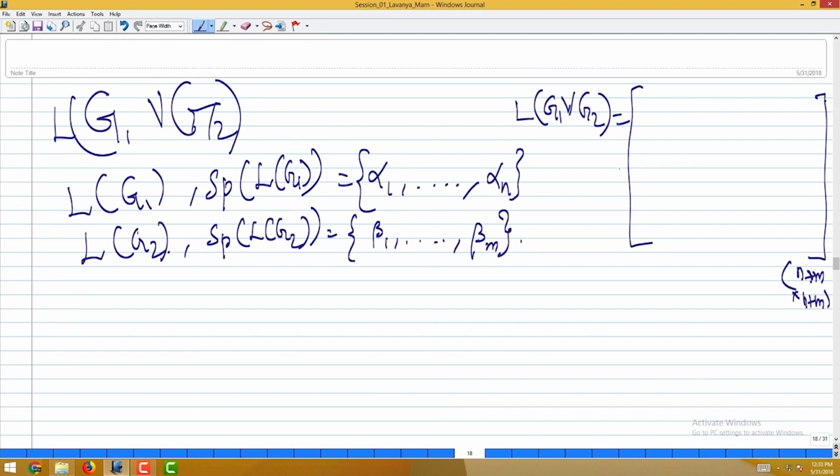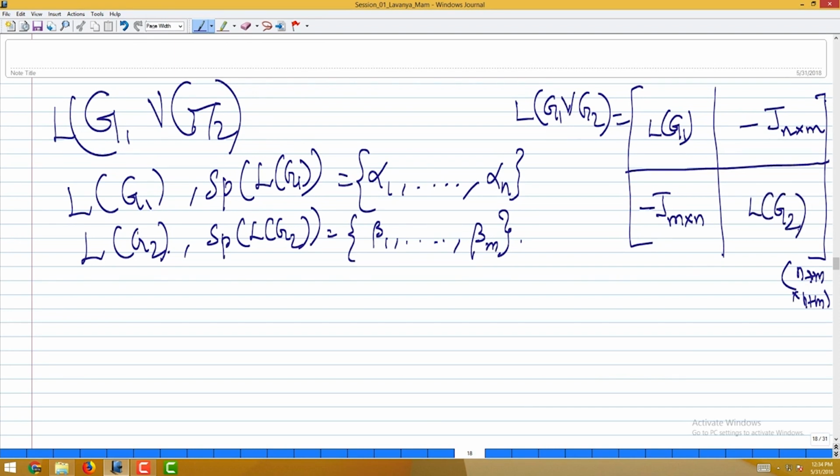So, the first n rows will have a block L of G1, and then everything is minus 1, so we have minus J matrix, an n by m matrix. Then m cross n, minus J, and L of G2. Does everybody agree to this?